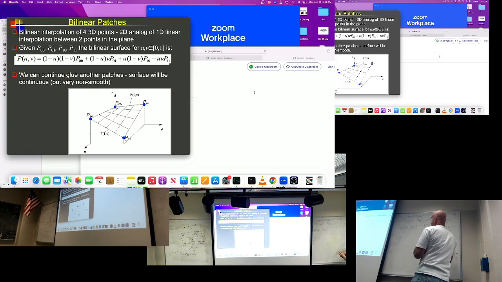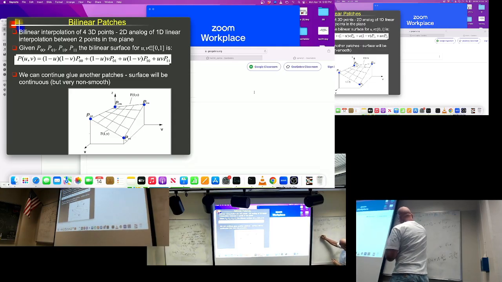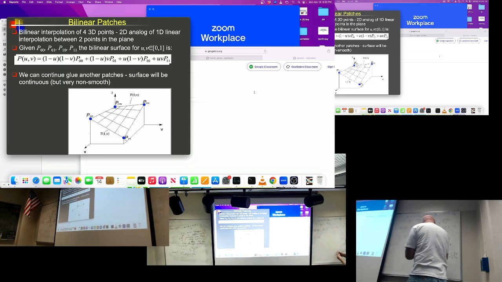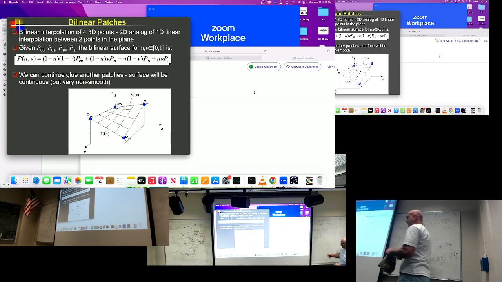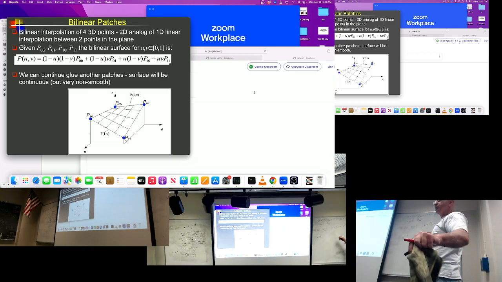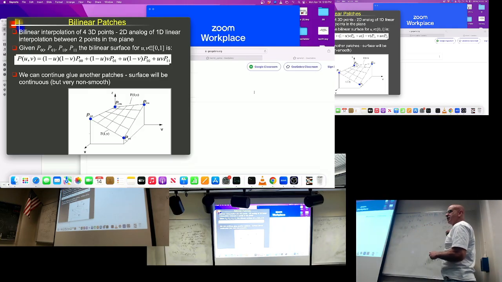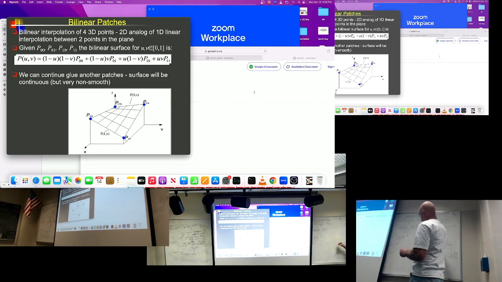Similarly, take u to be 1 and do the same trick. V is changing in the same way, and now you're getting the segment connecting P10 and P11.